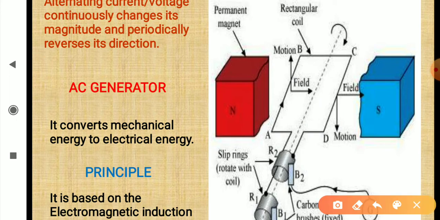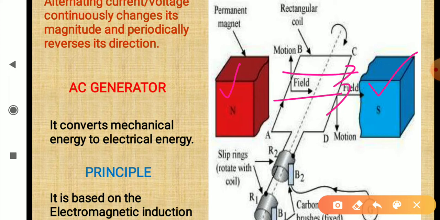So this coil is called the armature. The coil wound over the soft iron core together makes an armature, and it is placed between strong magnets, north and south, in a uniform magnetic field like this.